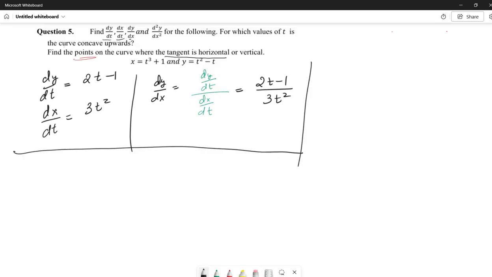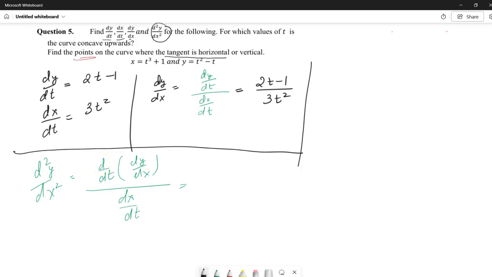So let's look at the next part. We need to find the second derivative. The formula for the second derivative when the equation is parametric is the derivative of dy by dx with respect to t, divided by the derivative of x with respect to t.